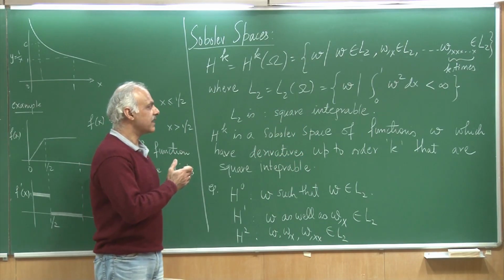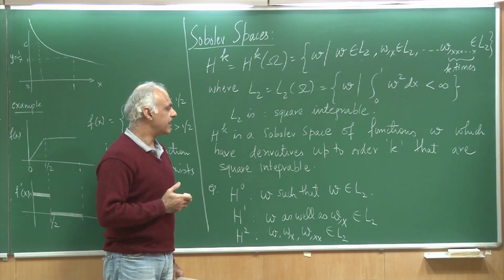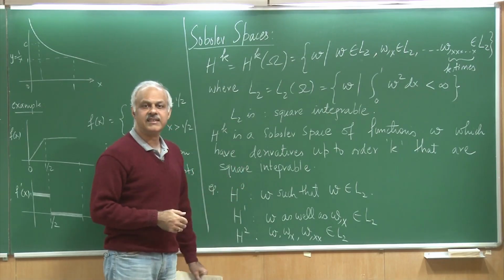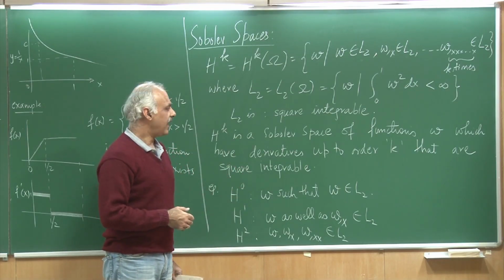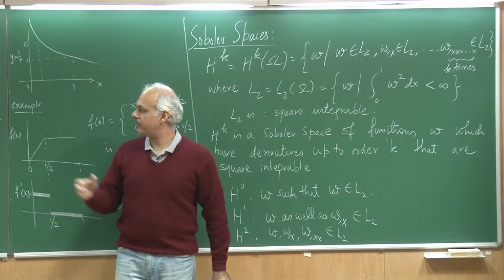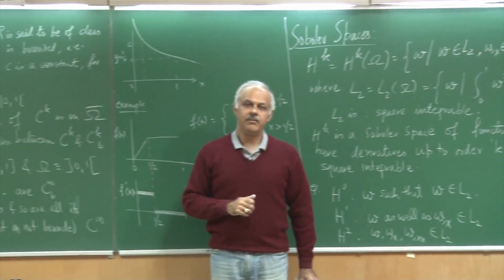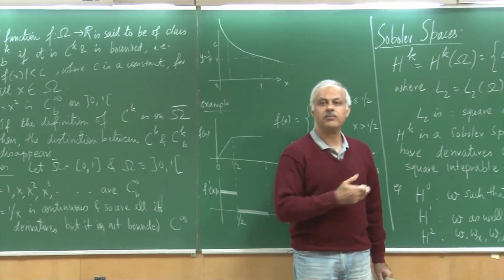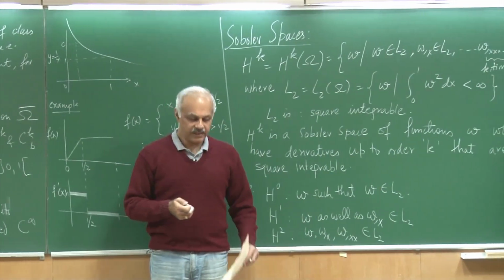Now we'll try to make a connection between the ideas of smoothness defined by this integration process and the ideas which we defined a little earlier about continuity and differentiability, and it turns out they are both related. So let's talk about that.